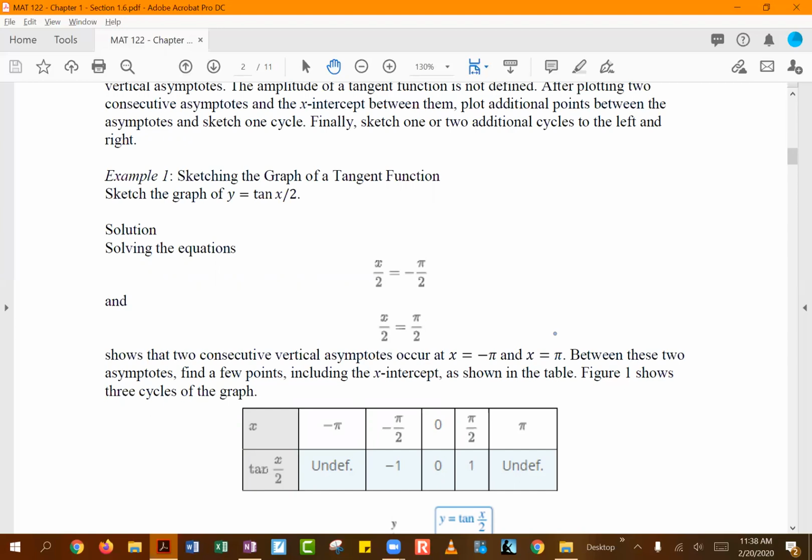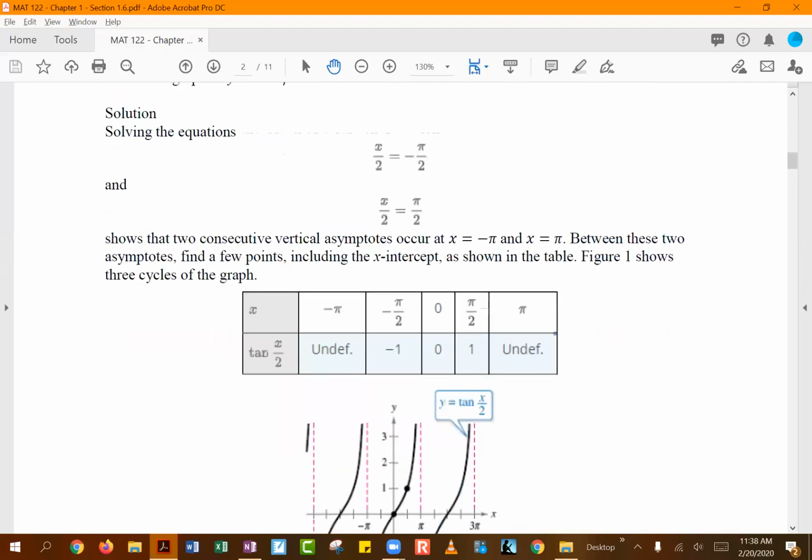So you're taking this, because this comes from that B of X part, and setting it equal to your negative pi halves, positive pi halves. Halfway between that would be 0, which is where you would have your X-intercept. So that's going to be at this point 0, 0. And then of course, finding a couple additional points to help us get the shape of our graph here.